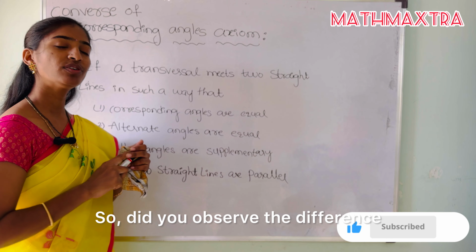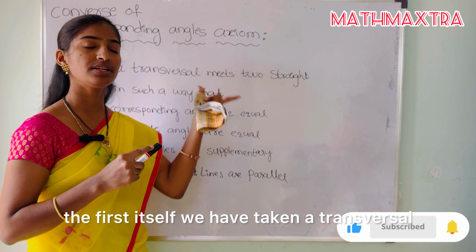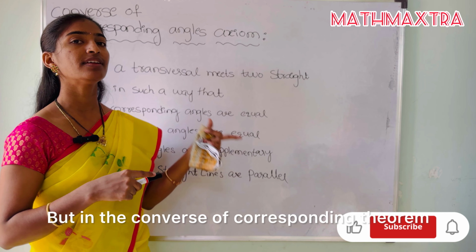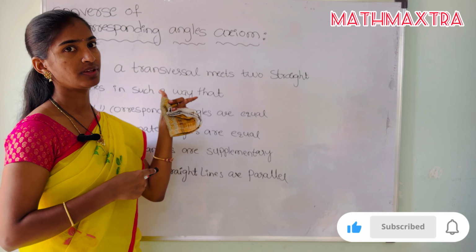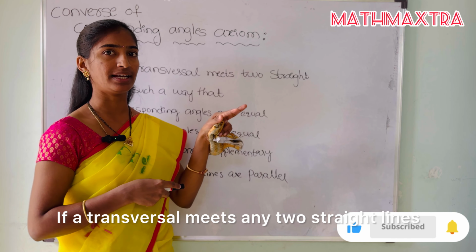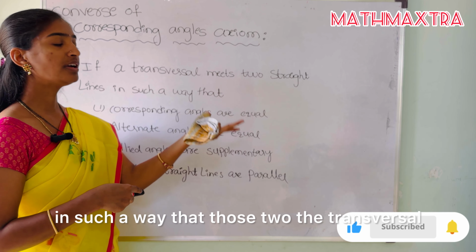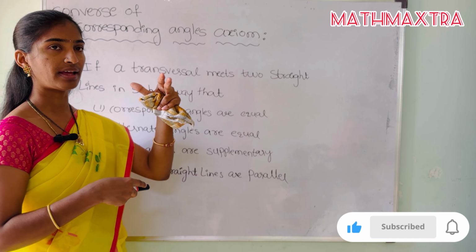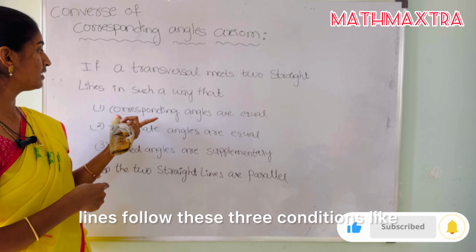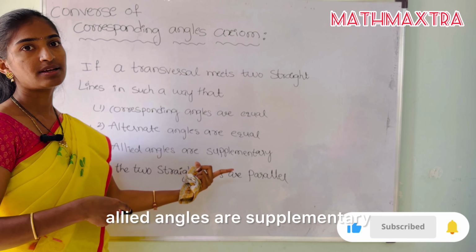So, did you observe the difference? In the corresponding angles theorem, from the beginning we have taken a transversal that meets parallel lines. But in the converse, we take a transversal that meets any two straight lines in such a way that the angles formed follow these three conditions: corresponding angles are equal, alternate angles are equal, allied angles are supplementary.